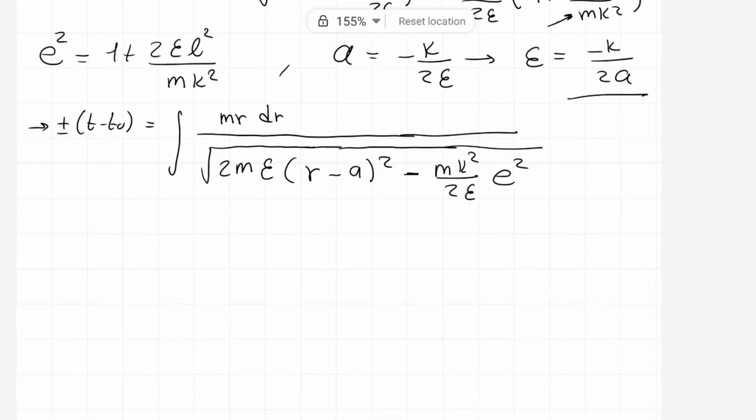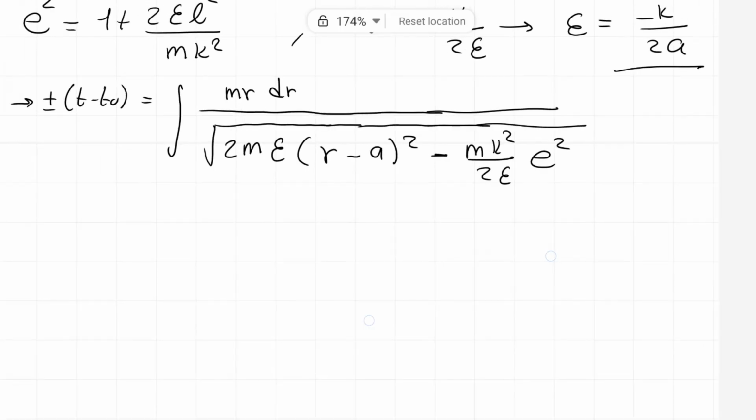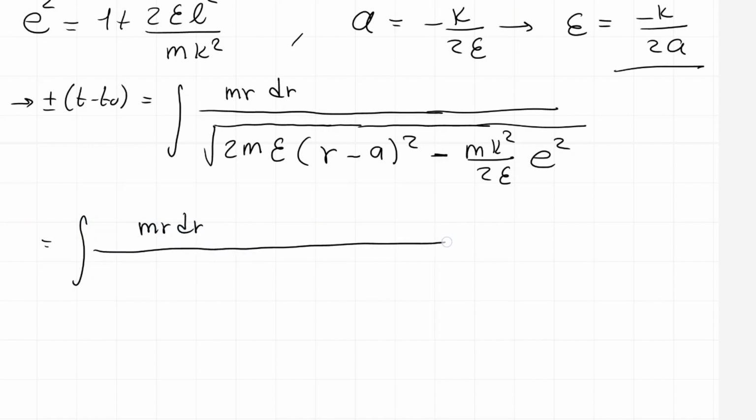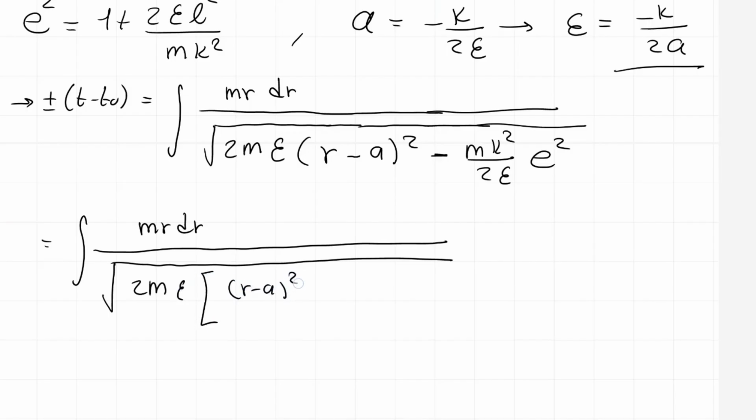Okay, so we are going to take a common factor 2mE of this expression. This is going to be the integral of mr dr over the square root of 2mE times (r minus a) squared minus k squared over 4E squared times e squared. Okay.